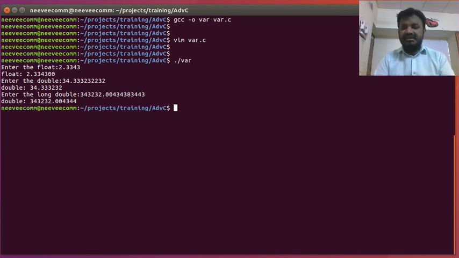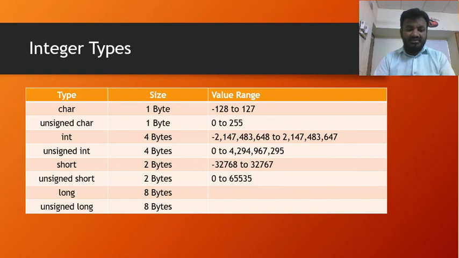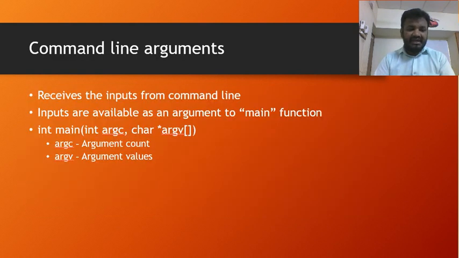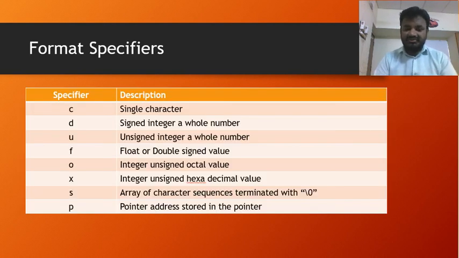Basically, when the floating point representation goes bigger, it will be rounded off, so that we get that precision accordingly. We have the different types printed, and we can use scanf over here with the format specifier. We can use %lf for the double and %Lf for the long double.